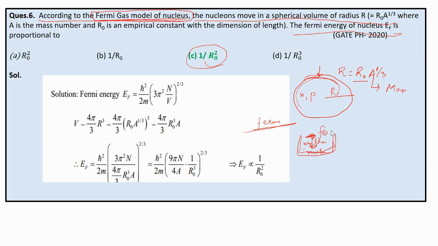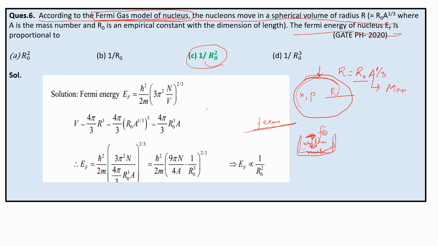I'll repeat: it is a state of matter in which there are non-interacting fermions, and these fermions are in a potential, and this potential is due to the other fermions that are present there. These fermions are non-interacting, and they follow Fermi-Dirac statistics, which will help us find the energy distribution of these fermions.